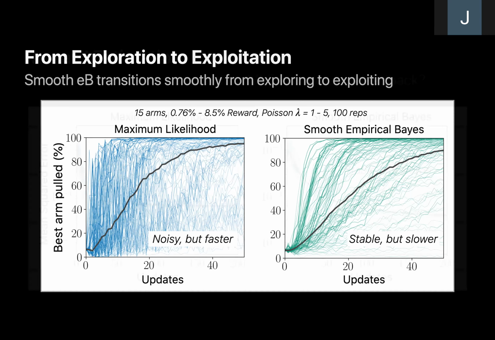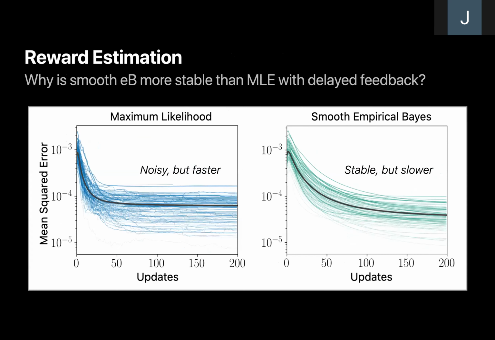And the reason for this is probably not that difficult to understand. Because of the delayed feedback, maximum likelihood is unable to estimate the arms' rewards accurately, especially early on. That's the issue. Whereas empirical Bayesian regularization allows us to apply a more gradual, stable smoothing structure on the reward estimation process, so we're able to build a stronger estimator, especially when the delayed feedback is adding noise.